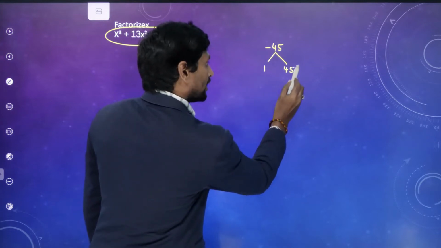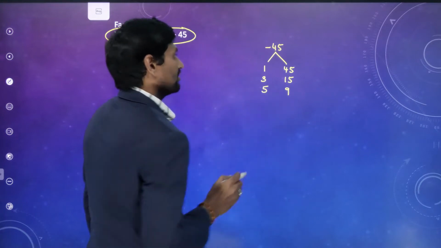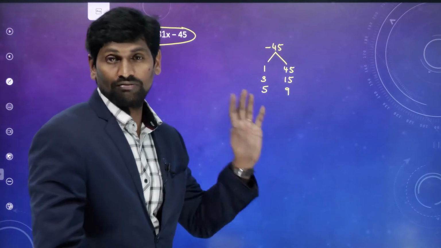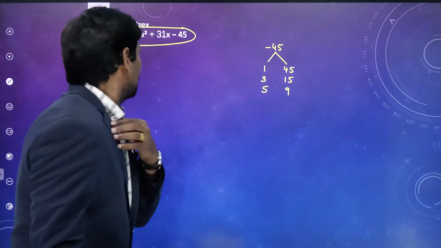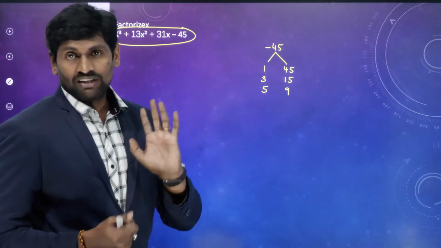So 1 into 45 and 3 15s, 5 9s. So there are 6 factors, with plus or minus symbol, a total of 12 factors. We need to substitute one by one to get one of the factors, then we can use synthetic division to identify the remaining 2 factors.